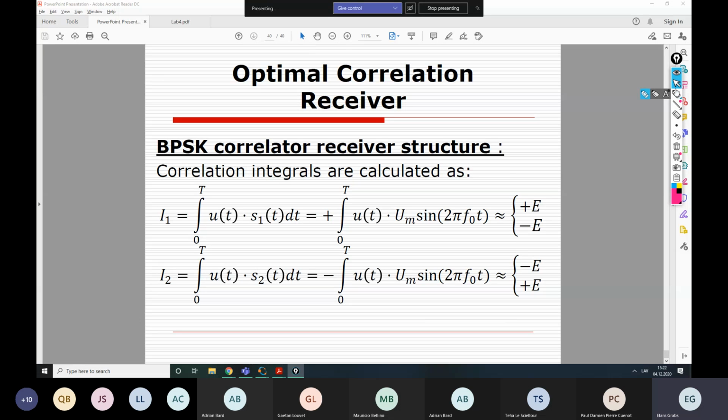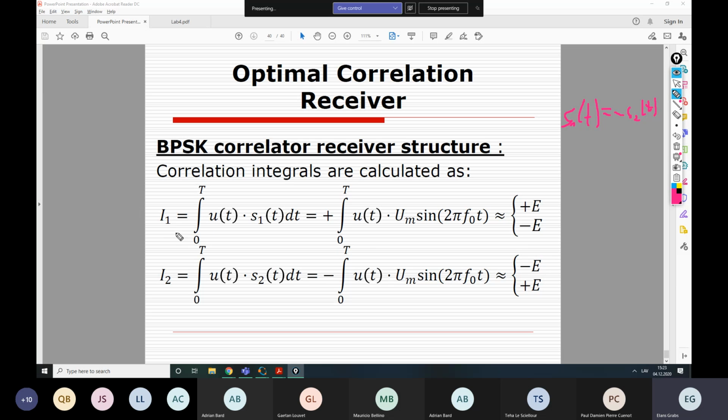So let's see why we don't need two correlation integrals. Again, we can receive either S1 or S2. We need to analyze both possibilities by calculating two integrals. However, here we can see that actually S1 is minus S2. So what will happen is that these results will just shift.